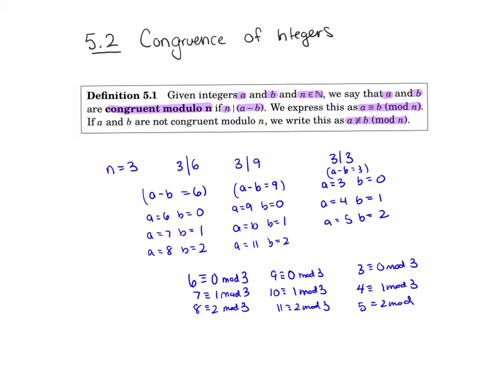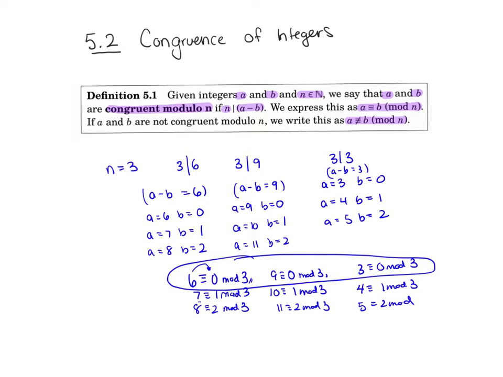So maybe as you're looking at these, we start to notice some patterns. The ones that are congruent to 0 mod 3, well, that means 6 minus 0, which is just still 6, is divisible by 3. So those are all the ones that are divisible by 3.